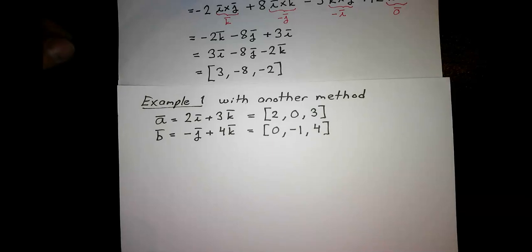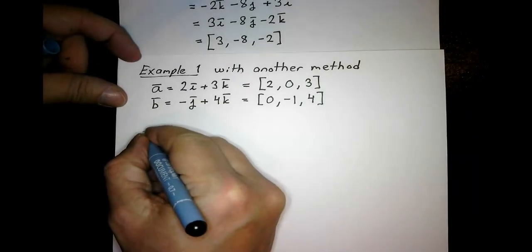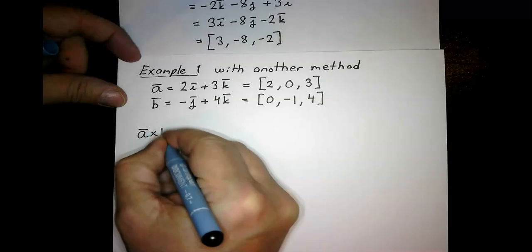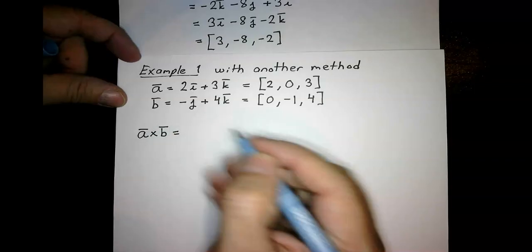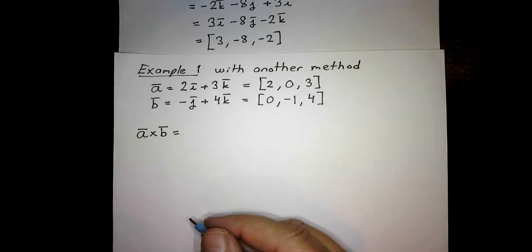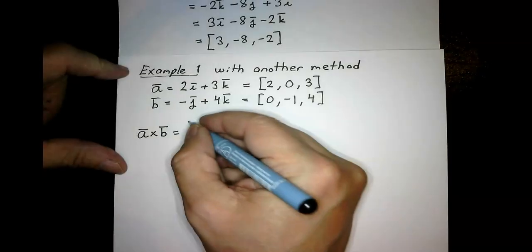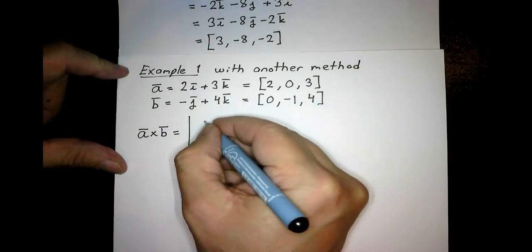And now when we want to calculate the vector product of these vectors A cross B, we can use this with the help of determinant, and we will use determinant 3 times 3, or a determinant which has 3 rows and 3 columns. So I will write it like this.